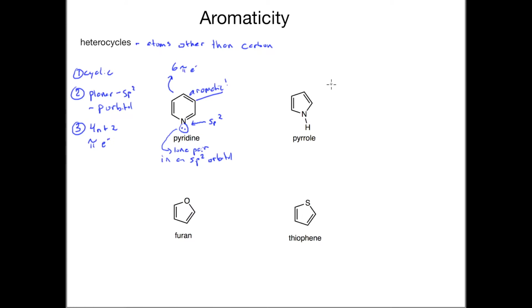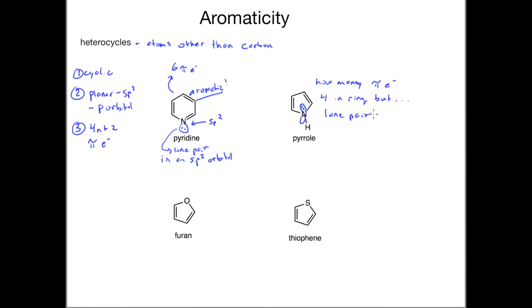Let's move over to pyrrole, and we see something that might be what you would consider an odd case. Okay, so I've got these two double bonds that both contain 2 electrons each, so that gives me 4 pi electrons there. So how many do I have? Well, right now with the double bonds, I have 4 that are in the ring, but we have a lone pair on the nitrogen, and it turns out that this lone pair is within a p orbital.